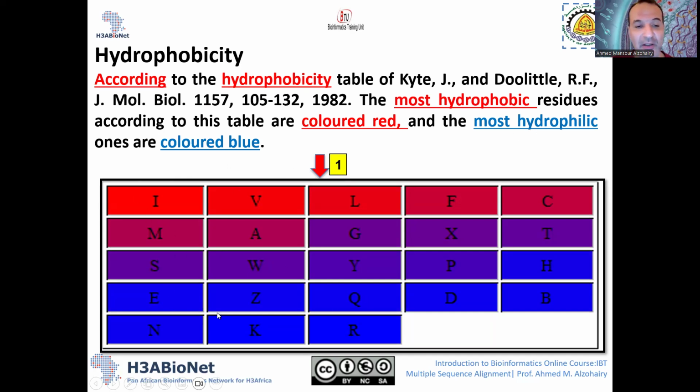As you can see, all the amino acids are here, the most hydrophobic with the red one, and the most hydrophilic colored blue. You have these two extremities, and you have the range of other colors in between.